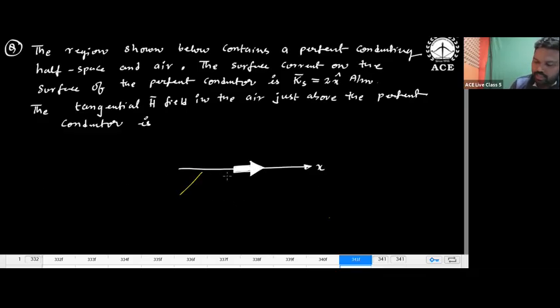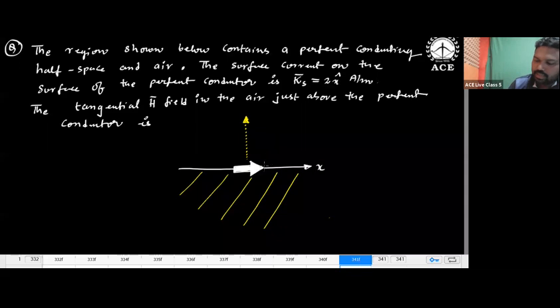And here it is a perfect conductor. Here it is the y-axis. Here the surface current he has represented with Ks. Doesn't matter. Here it is a Ks. Here it is the air. Here it is a perfect conductor.